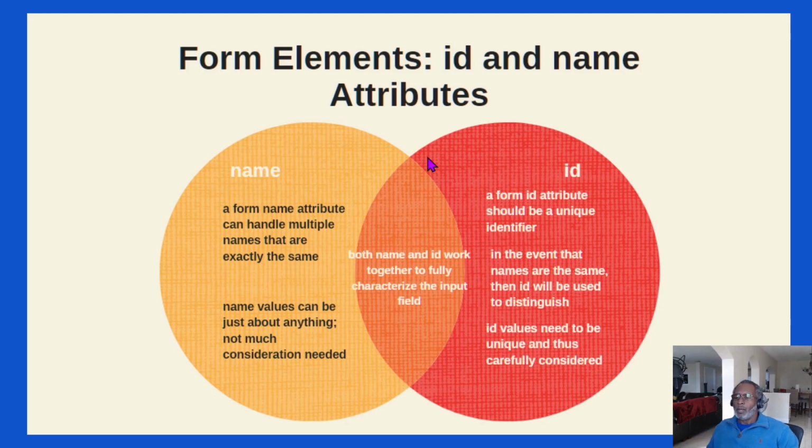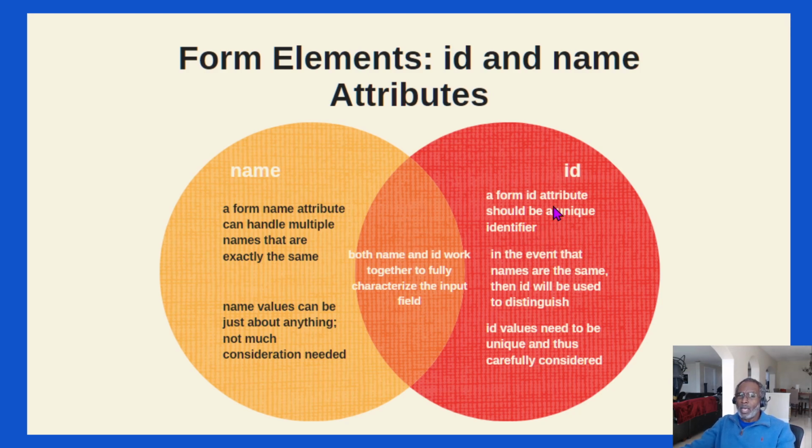And just a quick Venn diagram, compare and contrast: the name attribute can be the same. It's not very important. In fact, when you're filling in usernames, we kind of don't want to identify ourselves that much. So same thing when we're naming our form fields. It's just not that important.